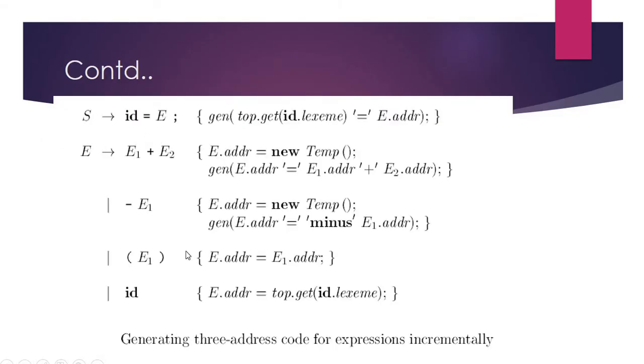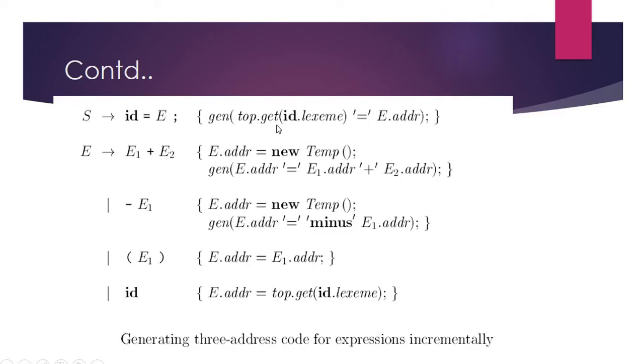So let us see how we can accommodate the other operations like unary minus, parenthesized expression and simple identifier. So S produces identifier equal to expression. S is referring to the statement. So here we need to get the identifier details of the present environment from the stack. For that we'll make use of the top pointer.